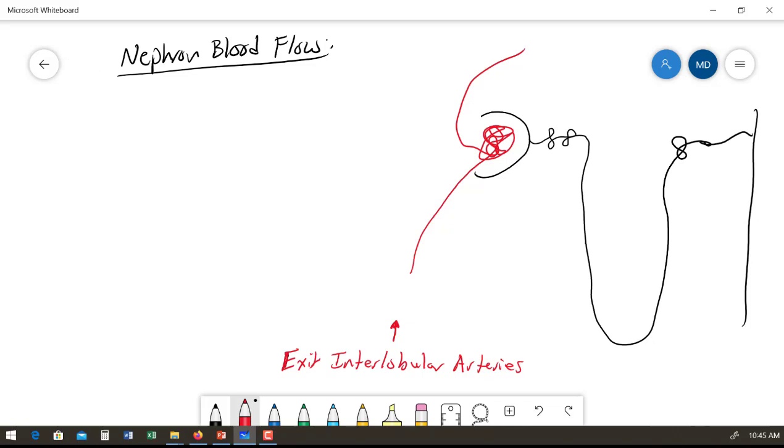What it does then is it enters the afferent arteriole. So let's go ahead and write that over here. So number 1 is going to be that the blood flows into the afferent arteriole. So notice that these are now arterioles, whereas before we had arteries. So these are smaller essentially. So this is going to be number 1 over here.